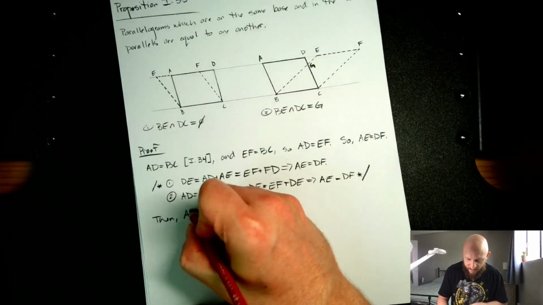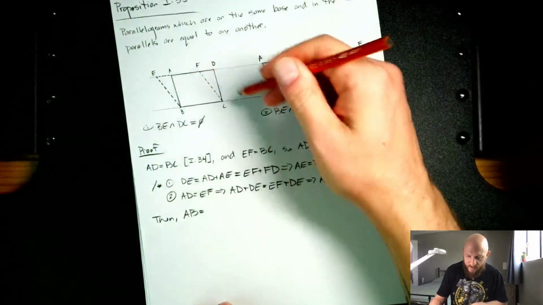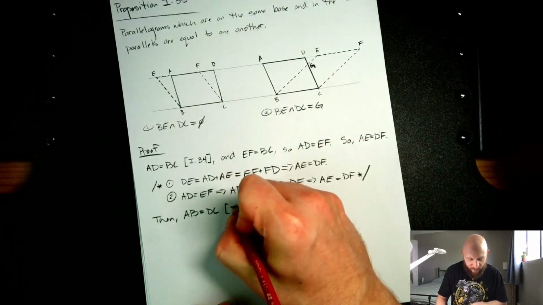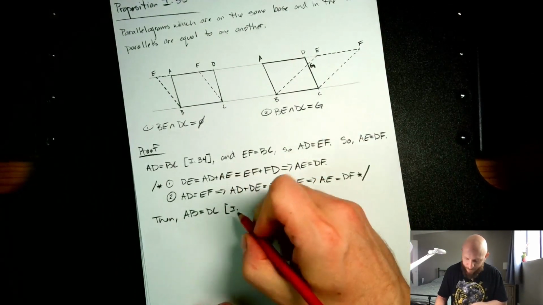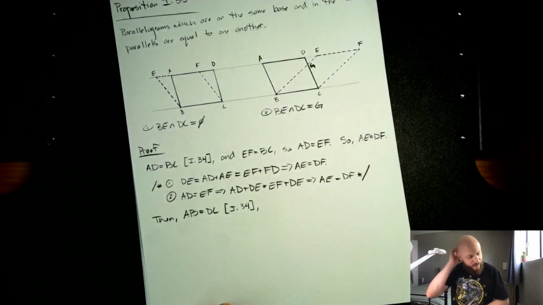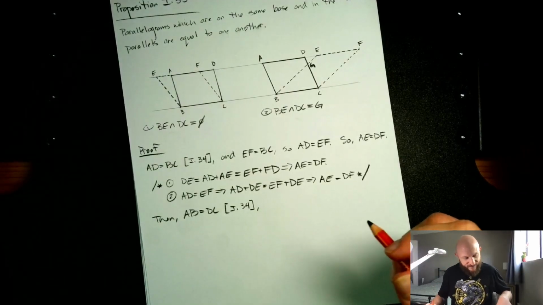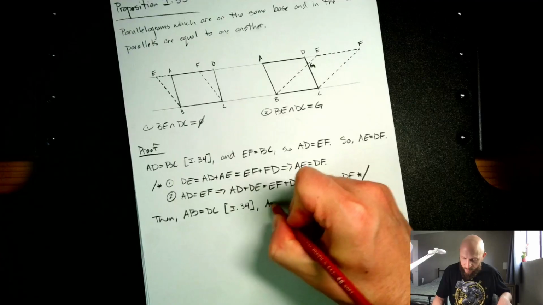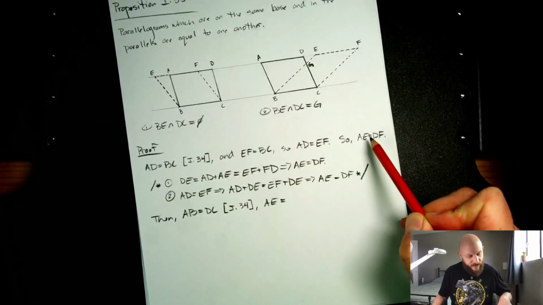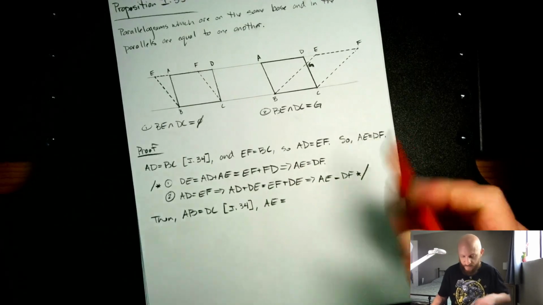We have that AB equals DC, and that comes again from Prop 34: opposite sides of a parallelogram. So AB equals DC. We also have that AE equals DF.